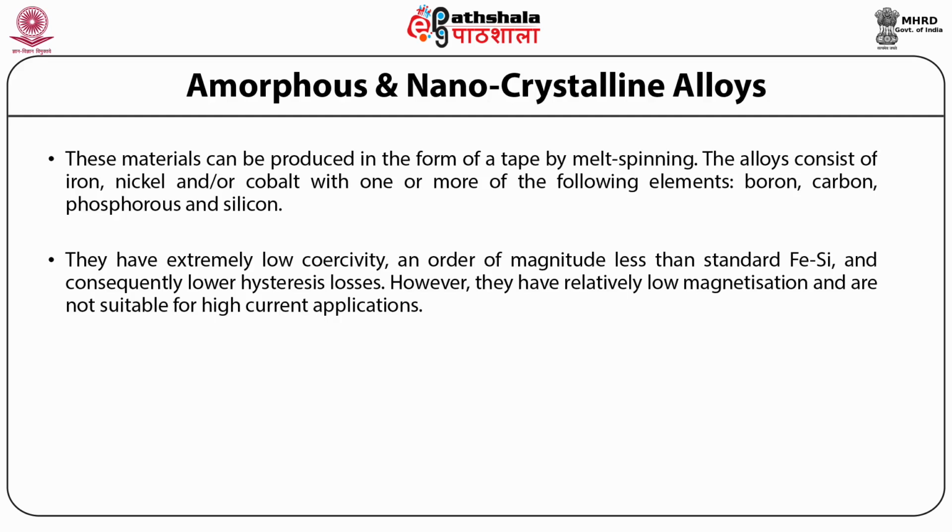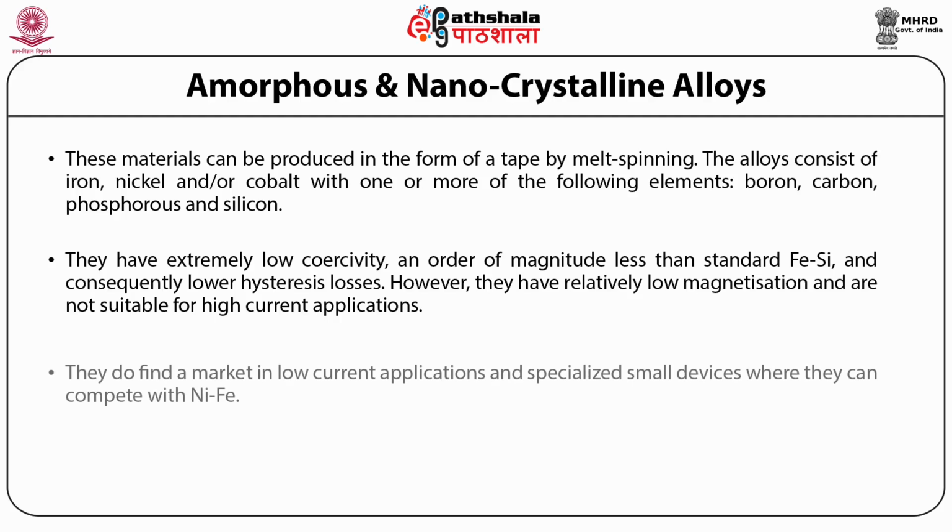However, they have relatively low magnetization and are not suitable for high current applications. They do find a market in low current applications and specialized small devices where they can compete with nickel iron.